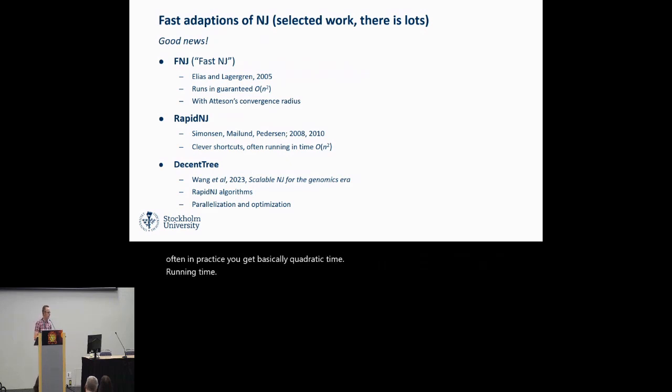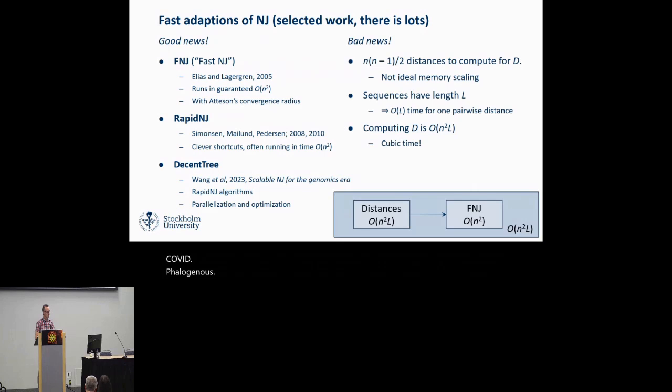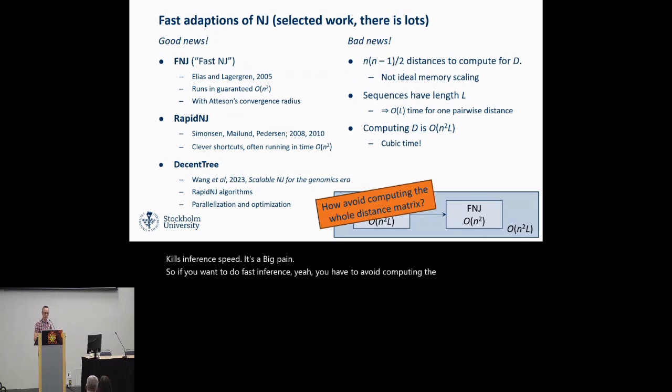More recently, RapidNJ has been well engineered by a group that added parallelization and various other optimizations to be able to compute initial trees for COVID phylogenies. However, the bad news is that these methods all need a distance matrix, and that really kills the inference speed. That's a big pain. So if you want to do fast inference, you have to avoid computing the whole distance matrix somehow.